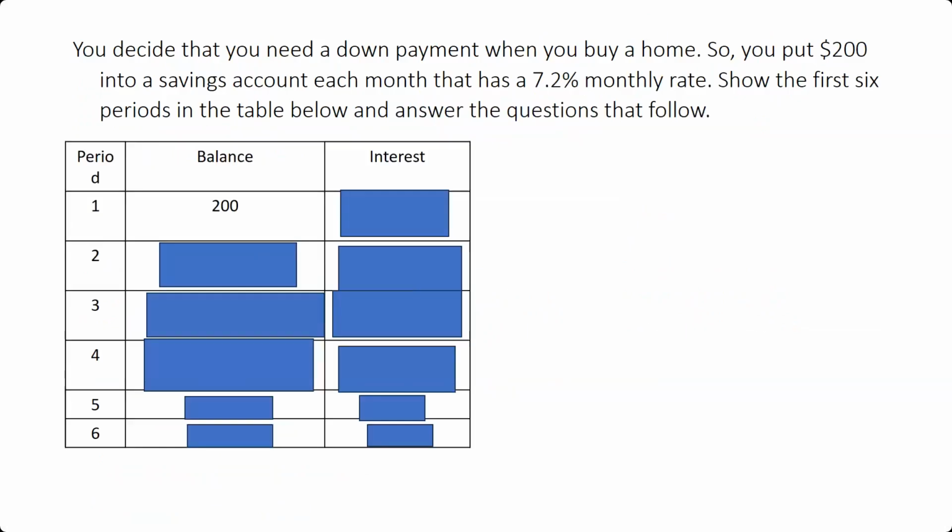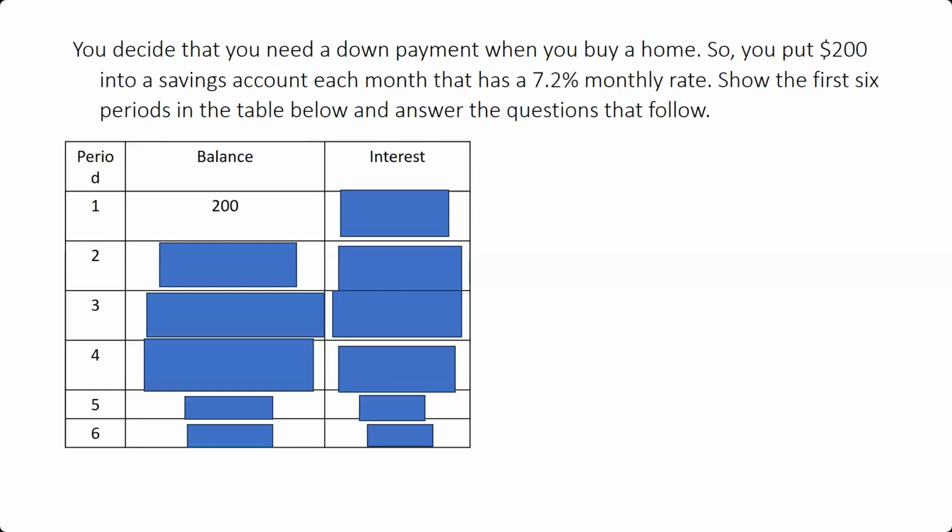Now this one's the savings account, so it's one of the two on the exam. I won't put both, because if you can do one, you can do the other. You decide that you need a down payment when you buy a home, so you're going to put $200 into a savings account every month with a 7.2% monthly rate. Show the first 6 periods in the table below and answer the questions that follow.